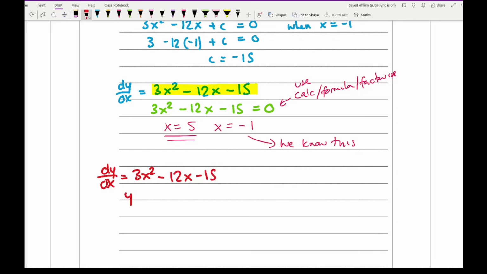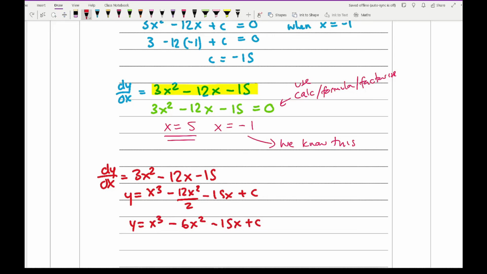So then doing some integrating, we get y equals x cubed minus 12x squared over 2 minus 15x plus c. Now just simplifying that, just to make it easier on the eye, we get this.